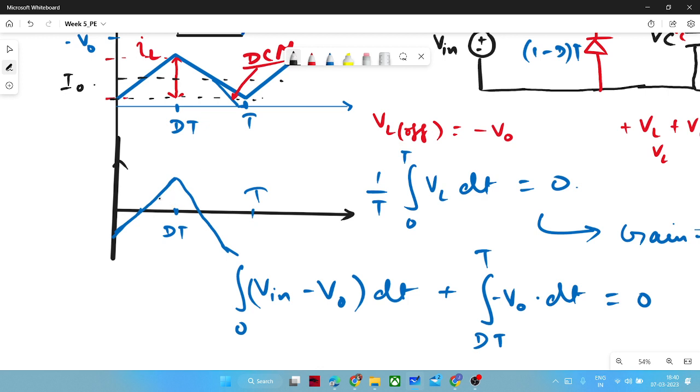During this period, the positive IC, this is IC, and if you connect it further, we can apply the charge balance.